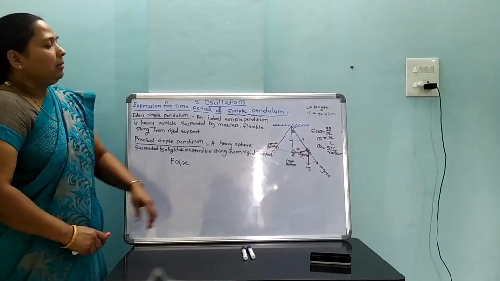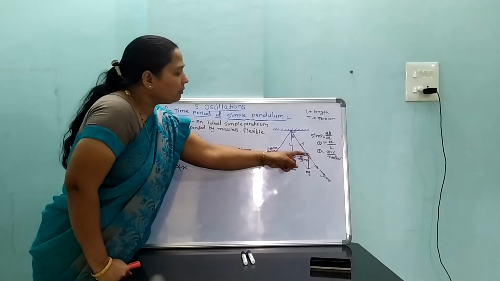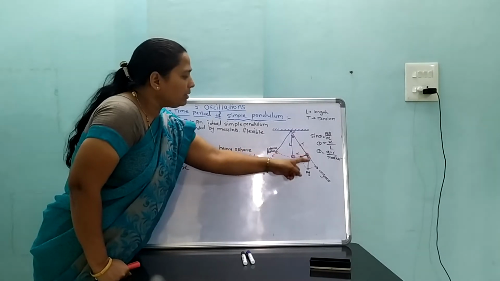Two different forces act on the bob of a simple pendulum.